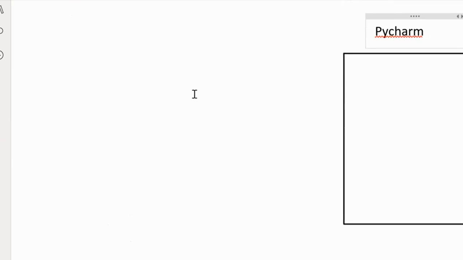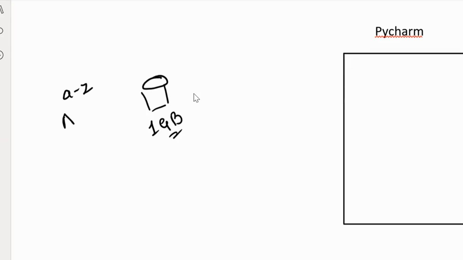Now, when you are getting the data into PyCharm, say your data is around 1 GB. In it, all our characters are there, either uppercase or lowercase, A to Z and capital A to Z.